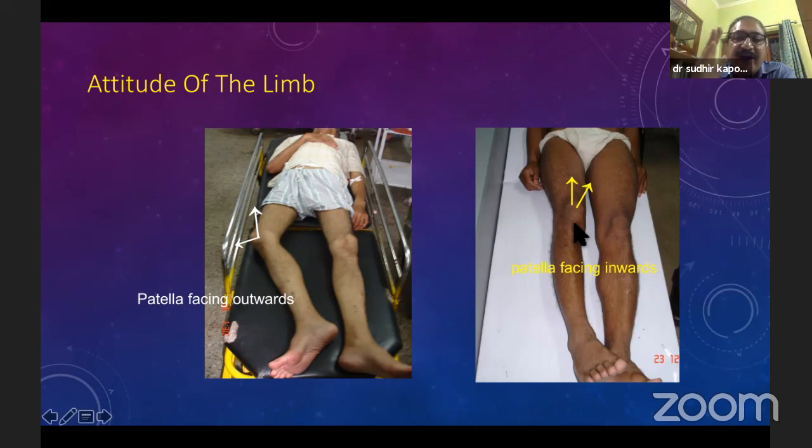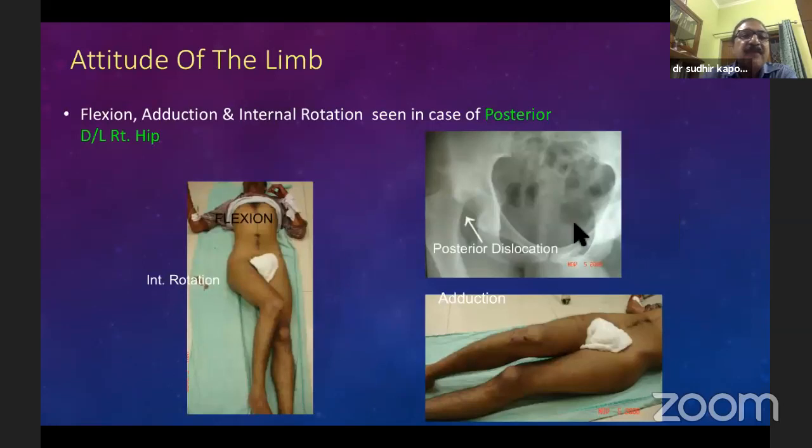So the attitude of the limb should be noted by the clinician. Now, this is a typical example of the attitude of the limb when there is a posterior dislocation of the hip joint. There is flexion, adduction and internal rotation. You can see the X-ray of the same patient with the typical attitude of the limb.